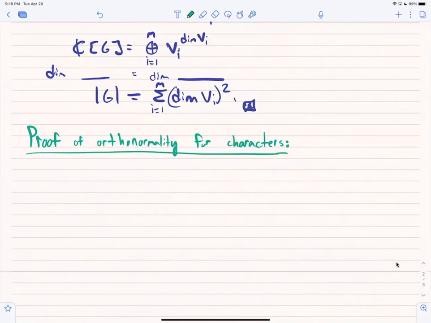Right, so this is going to follow from the fact that the space of G-homomorphisms from Vi to Vj is either equal to K if i is equal to j, so it's just the scalars, if I'm looking at maps from one irreducible representation to itself, or 0 if i is not equal to j.